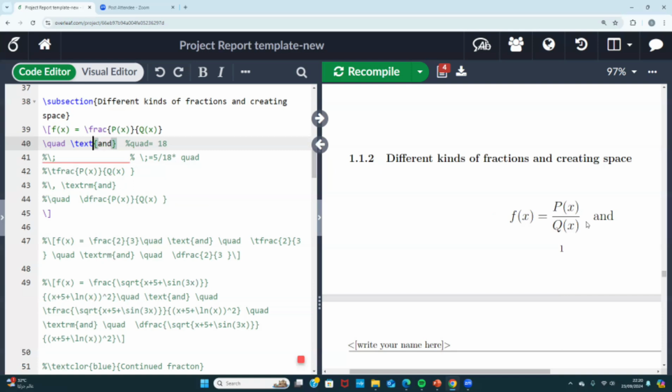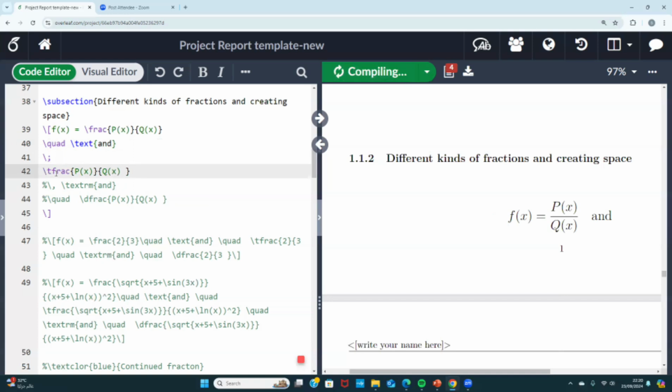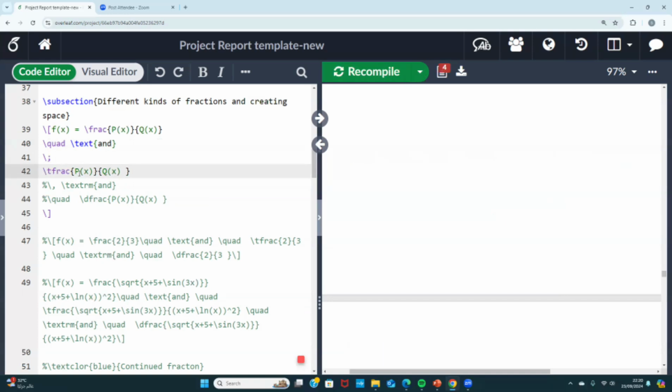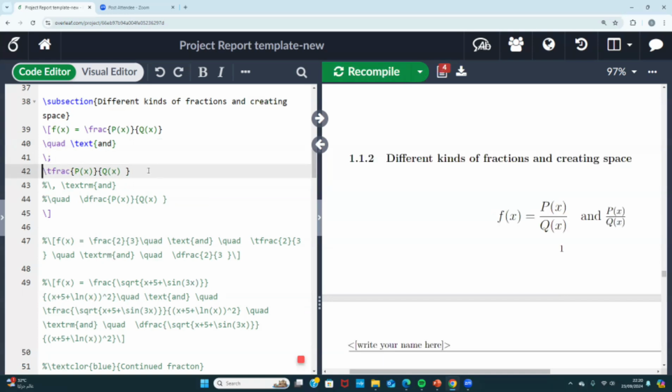Now there are many other ways of creating space. Next we'll use the semicolon here, and then again we'll take another fraction form, which is written as \tfrac. The rest is the same as the fraction.